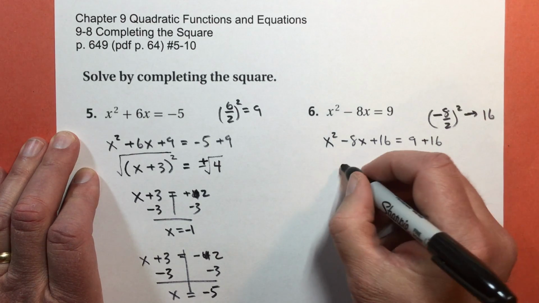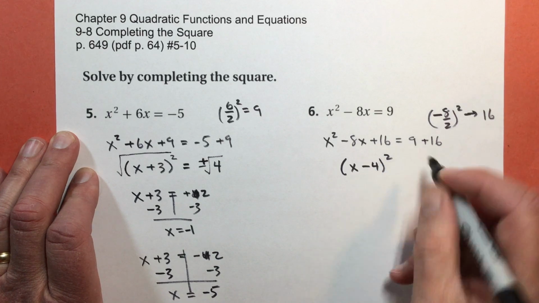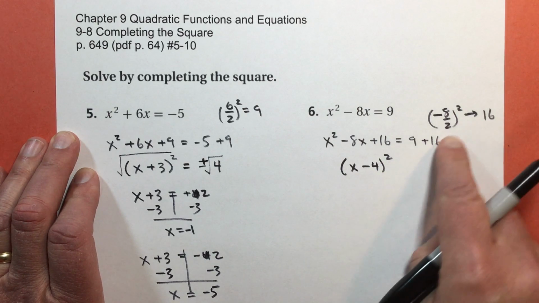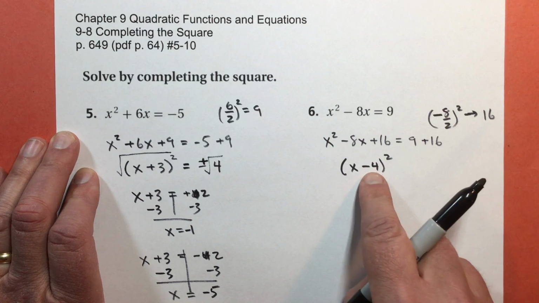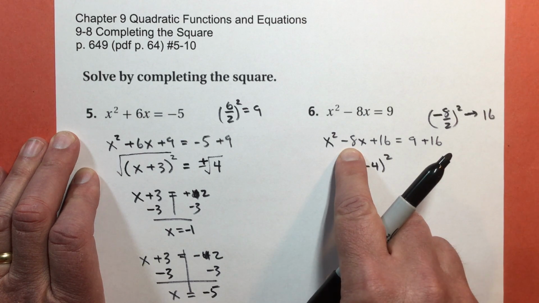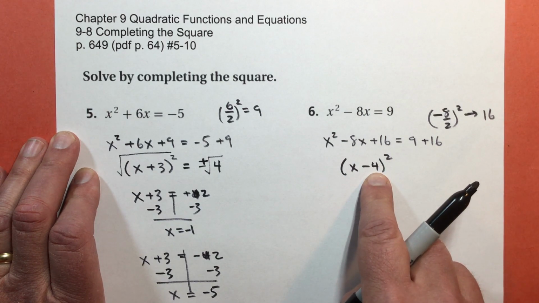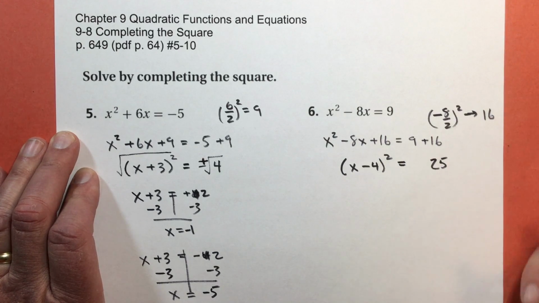On the left, I have a perfect square trinomial. x minus 4 squared is what I get inside parentheses here, because negative 8 divided by 2 is negative 4. I also get it by asking what two numbers multiply to give positive 16 but add to give negative 8? Negative 4 and negative 4. On the right side, 9 plus 16 equals 25.